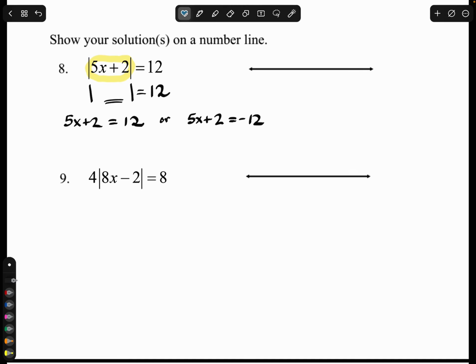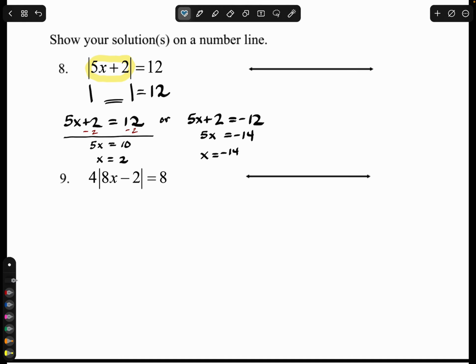So we split it into two equations, and then we just go ahead and solve them. Subtract 2, we get 5x is equal to 10. Divide by 5, we'll get x equals 2. And then we do it on the other side there, when we subtract 2, we're going to get 5x is equal to negative 14.